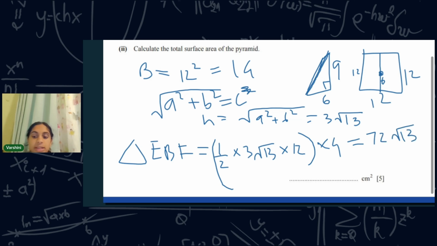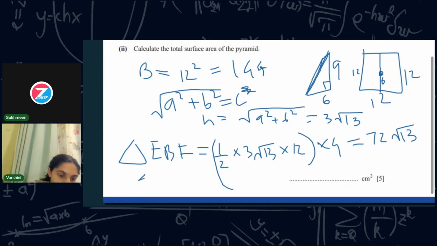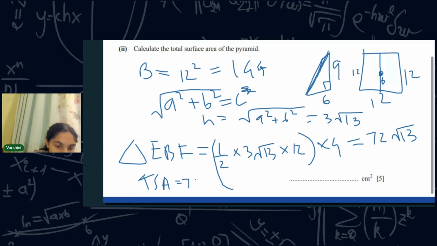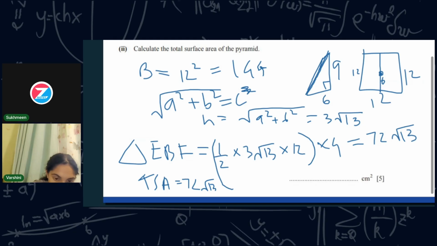Now we're not done here. We need to add this to our original base, which is 144. So total surface area equals 72 root 13 plus 144.